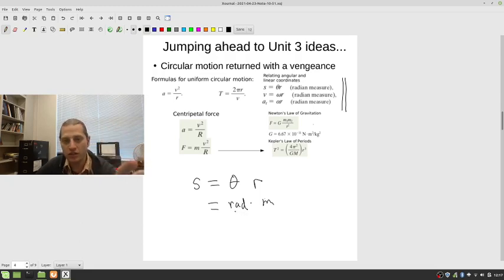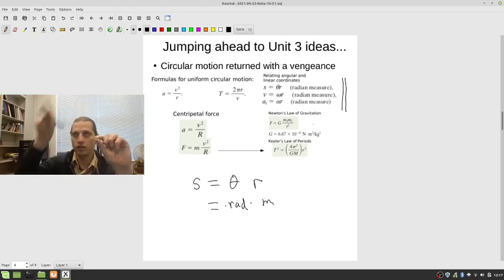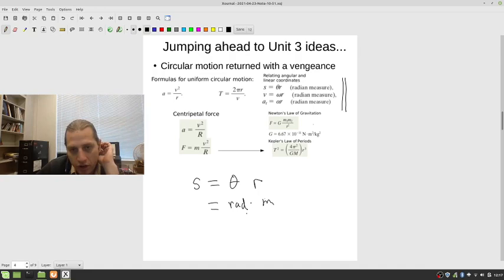And the reason for that is they're the ratio of the arc length on the circle to the radius of the circle. The arc length to the radius gives you the radians. So because this is a ratio, it actually doesn't have units. And this is just meters.